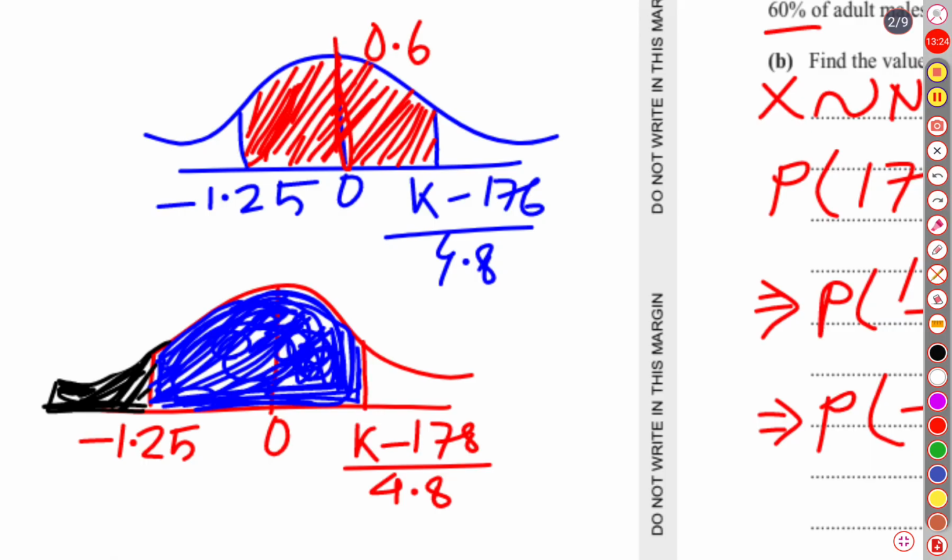So what will we do? First of all, we will take the probability of this portion, then we will subtract when the z-score is negative 1.25.